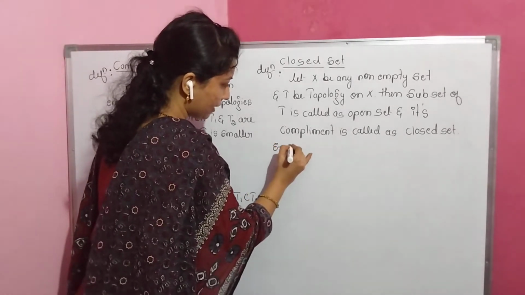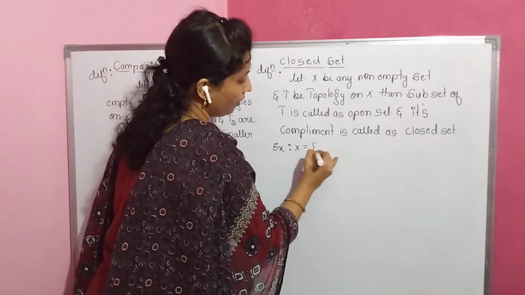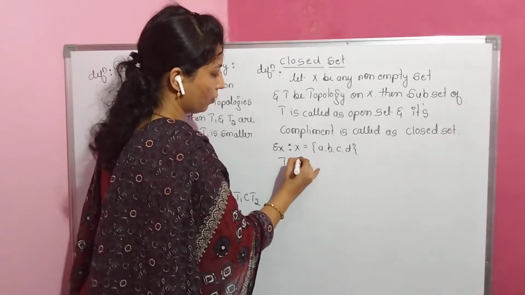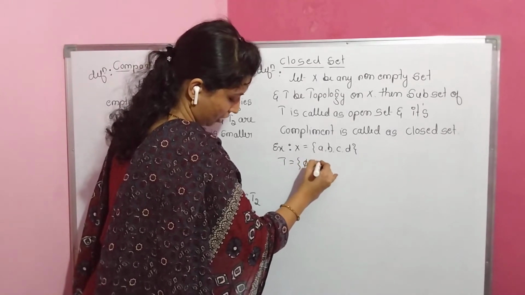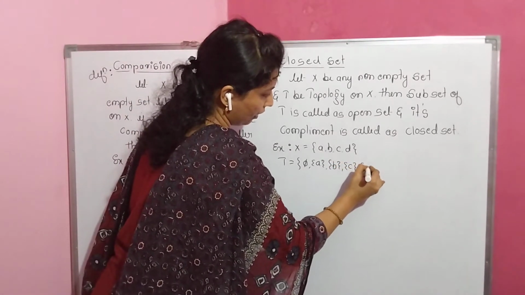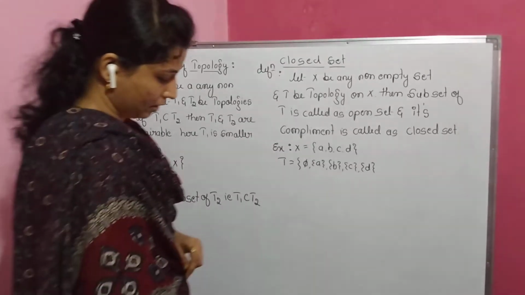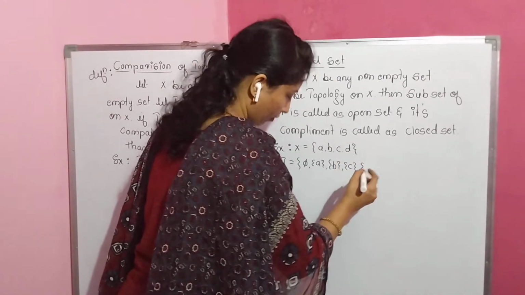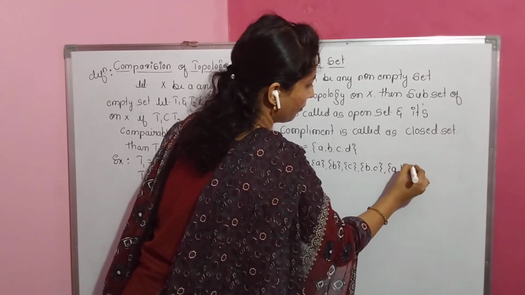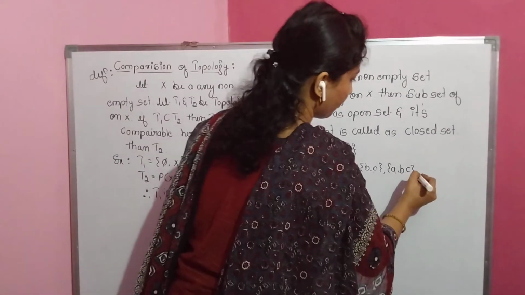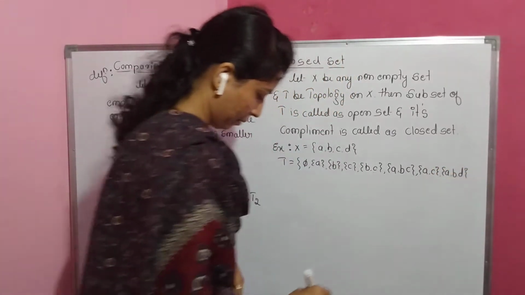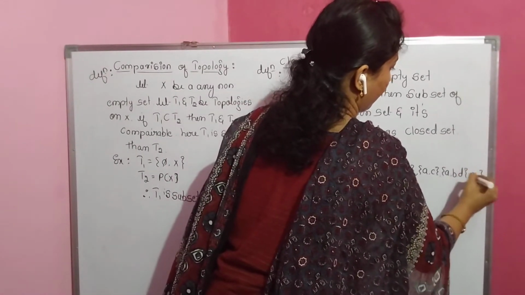Example: here, X can be defined as X equals {A, B, C, D} and T is equal to the empty set, {A}, {B}, {C}, {B, C}, {A, B, C}, {A, C}, {A, B, D}, X. Okay.